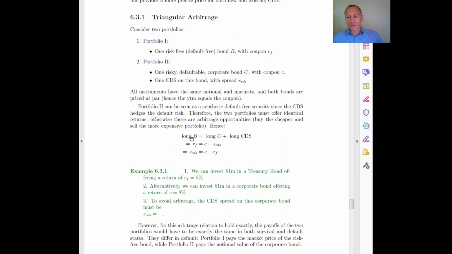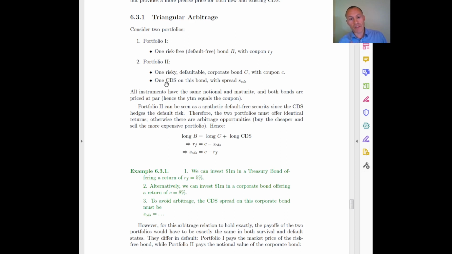More specifically, the relation is the following: in portfolio 1, I am long the risk-free bond B, meaning I receive the coupon RF, and in portfolio 2, I am long corporate bond C, receiving the coupon c, and I am buying protection on the bond. So I am long the CDS.